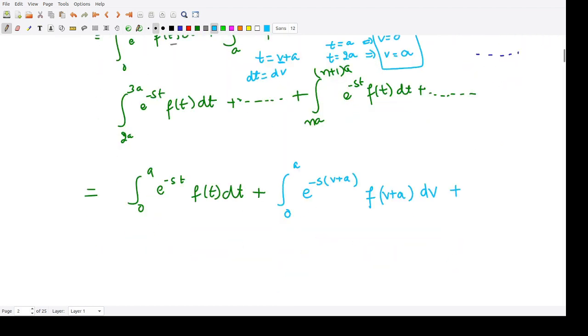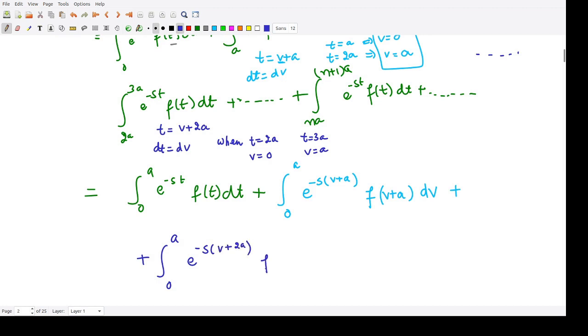For the third expression, we will substitute t is equal to v plus 2a, so that dt would be dv, and when t is equal to 2a, v becomes 0, and whenever t is equal to 3a, v becomes a. So the third integral would again be from 0 to a, e to the power minus s times v plus 2a, f of v plus 2a dv. So this is the third term, and we keep on doing this.